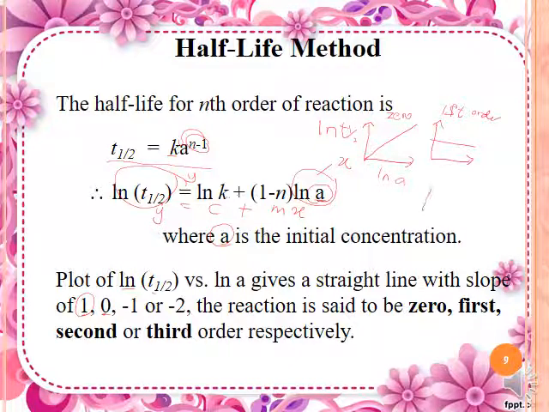And if we plot ln half-life versus ln a, we get a value of -1, that is referring to second order. And if we get a value of -2, that refers to third order. So that is the half-life method.